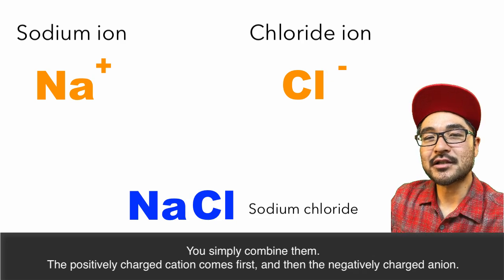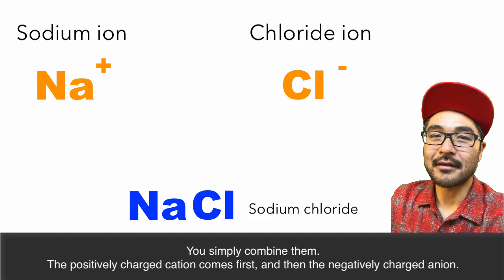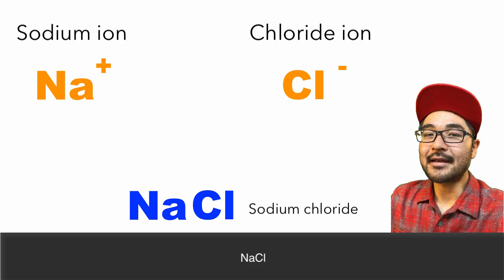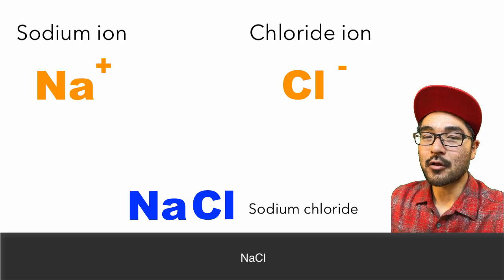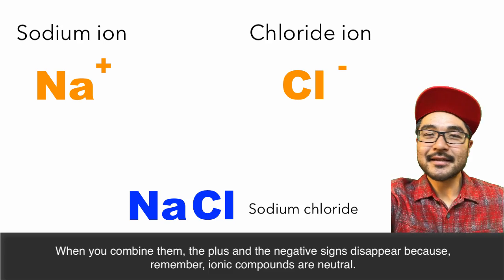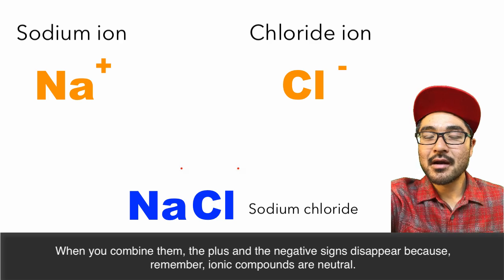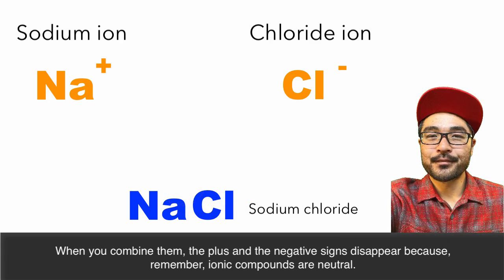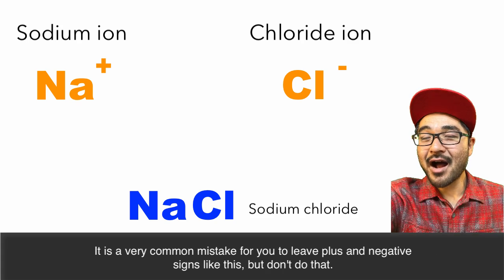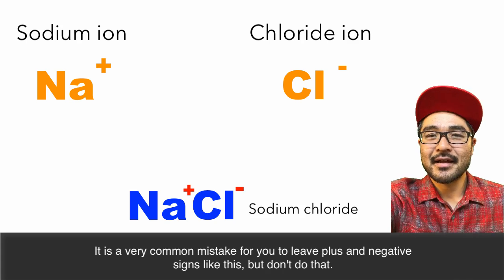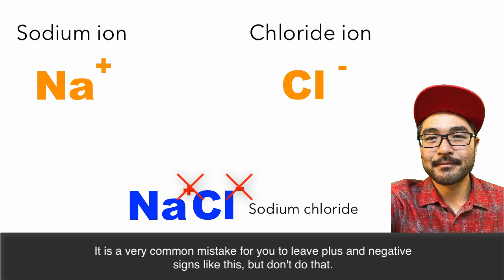The positively charged cation comes first, and then the negatively charged anion. So NaCl. When you combine them, the plus and the negative signs disappear because remember, ionic compounds are neutral. It is a very common mistake for you to read plus and negative signs like this, but don't do that.